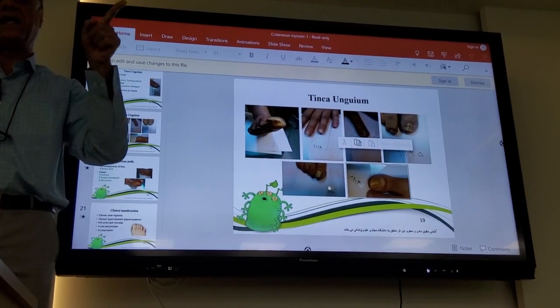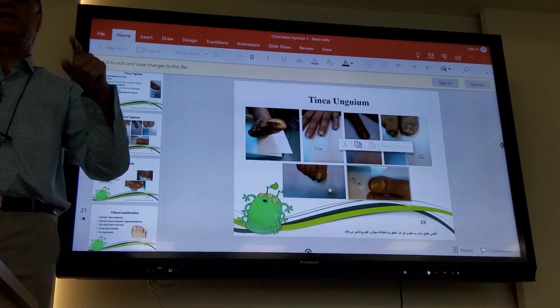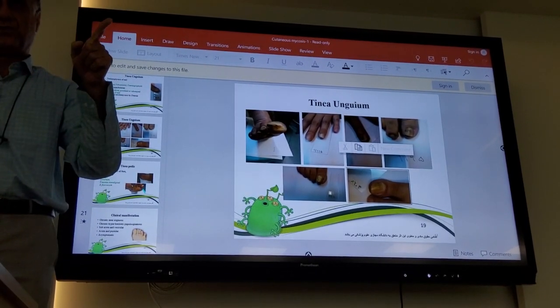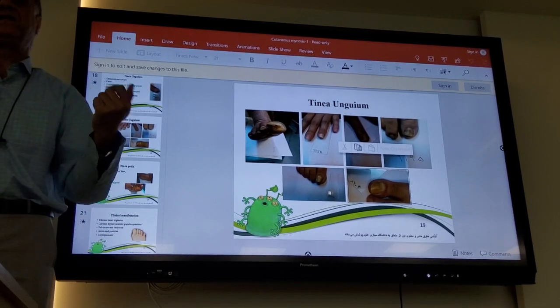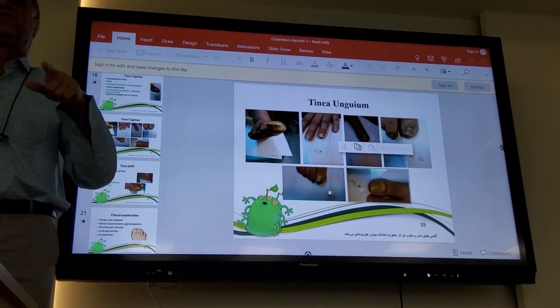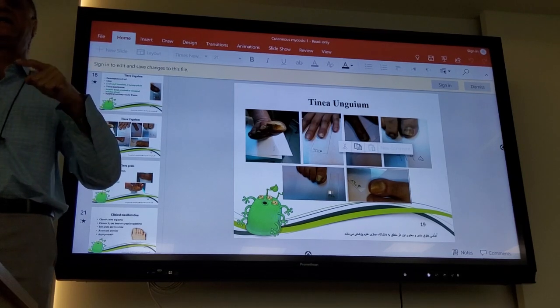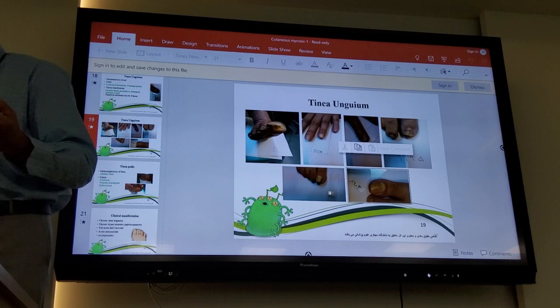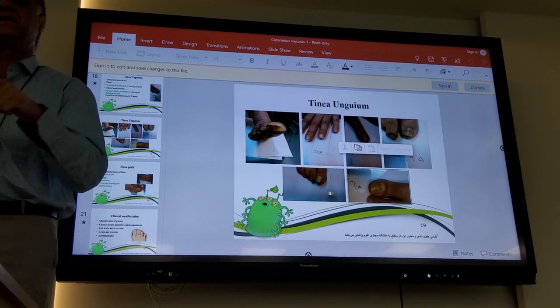One is Sabouraud with chloramphenicol. The second is Sabouraud with chloramphenicol and cycloheximide. We need two media, SC and SCC.